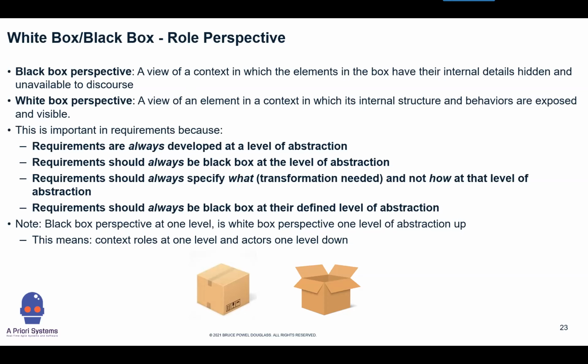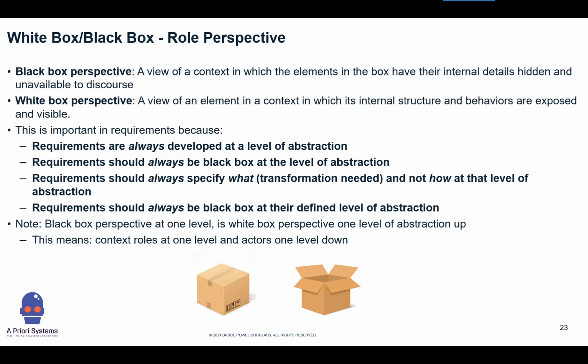But really, if you have a black box perspective, every level of abstraction, the thing on which I am levying requirements should be treated as a black box. And I can talk about the transformations performed by that black box, but not how they're performed. What their transformations are, yes. How they're performed, no. And that's what we call the black box perspective. The white box perspective means I can look inside and see the design and how things are performed.